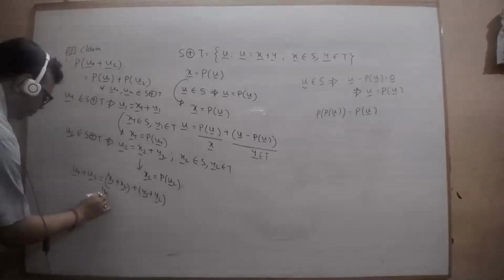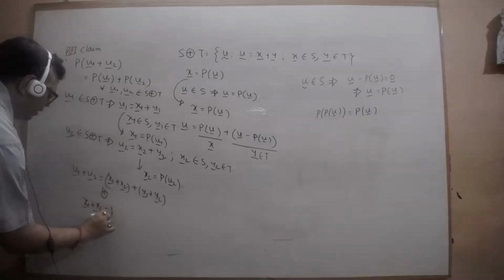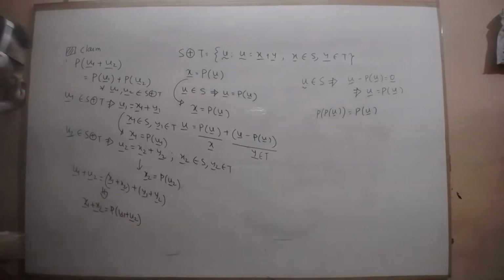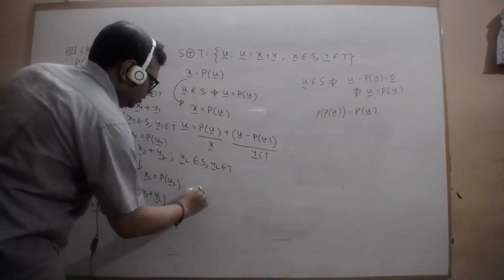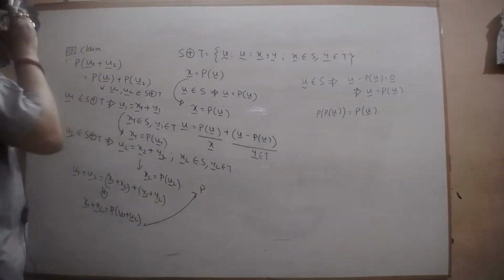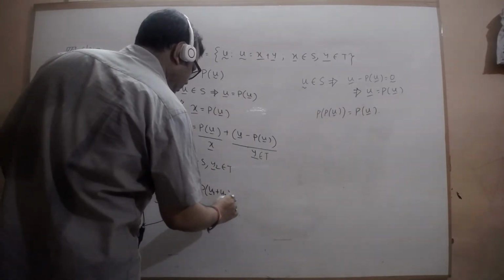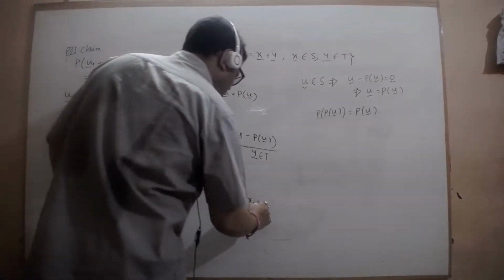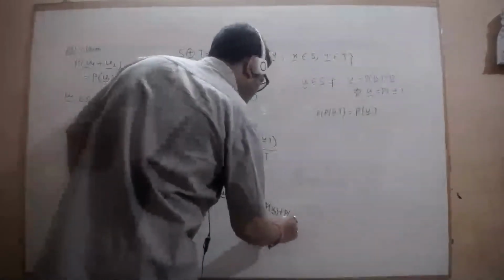Therefore, x1 plus x2 is nothing but P(u1 + u2). Hence, P(u1 + u2) equals x1 plus x2, where x1 equals Pu1, x2 equals Pu2.